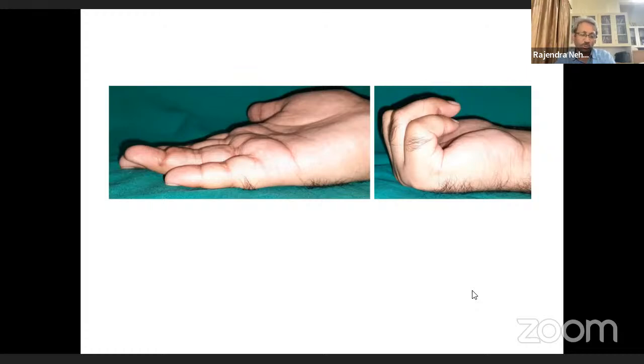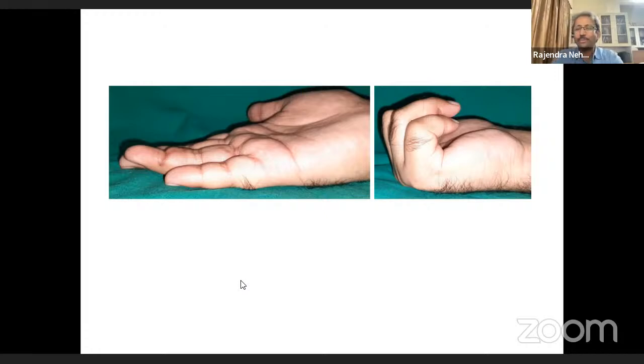But you know nature how it is. It will at least show somewhere that you have vented the pulley. But then to improve your result, rather than making an immobile finger, it is better to make it mobile. So you may vent. I prefer to vent the pulley rather than not venting it.